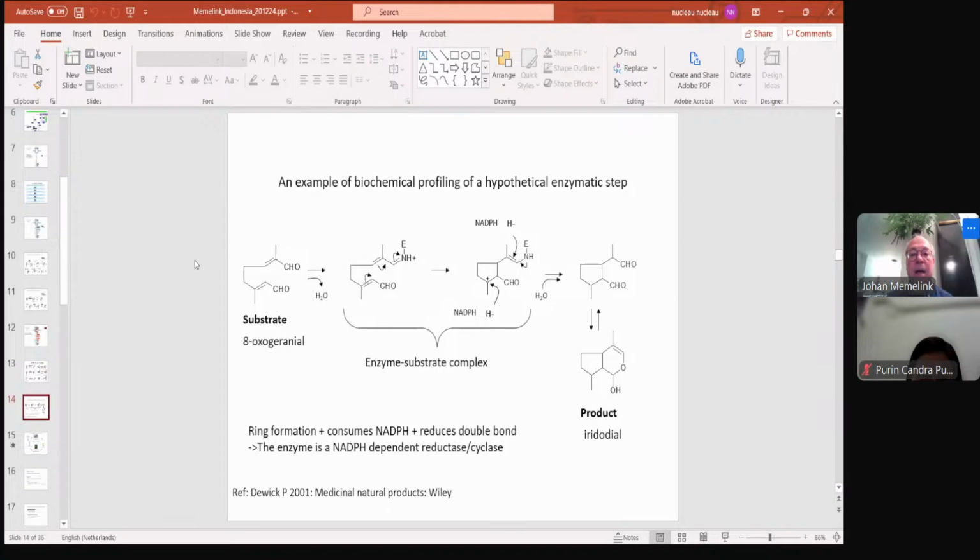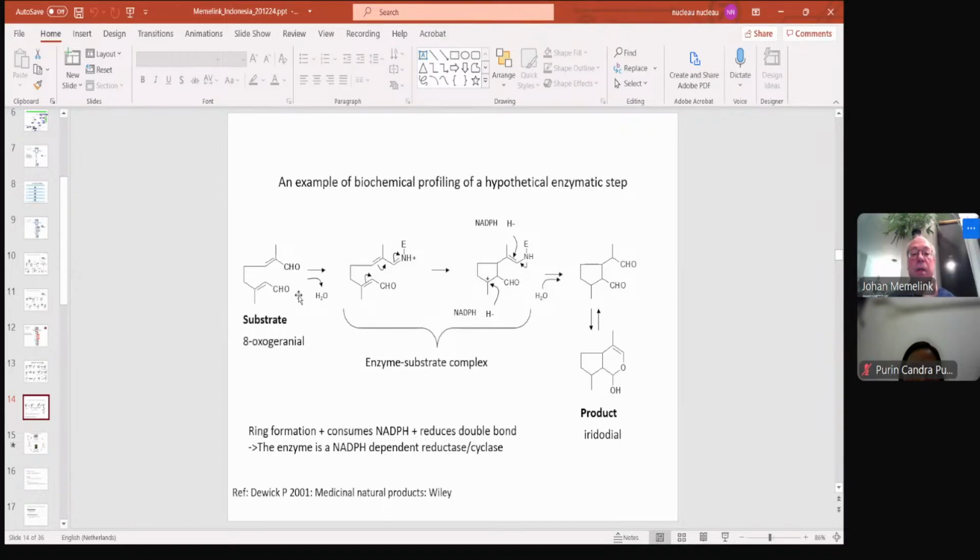This is just an example for one particular step where 8-oxogeraniol is converted into iridodiol. So you see that a cyclization is occurring, and this is the possible reaction mechanism.